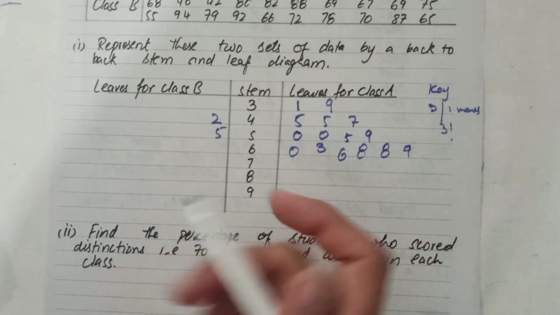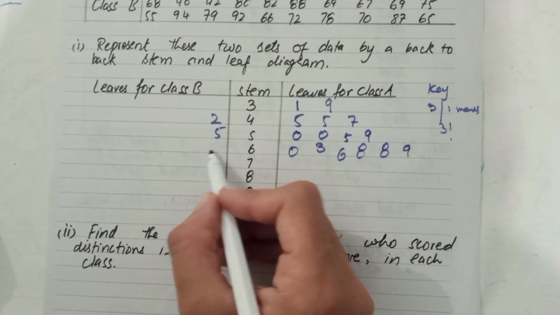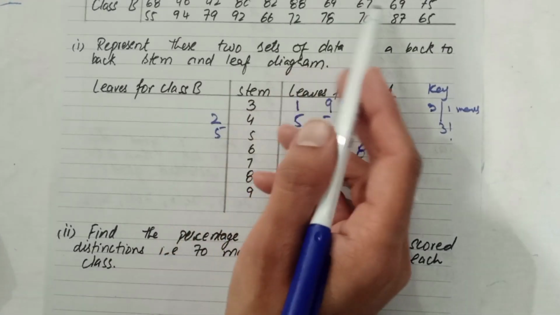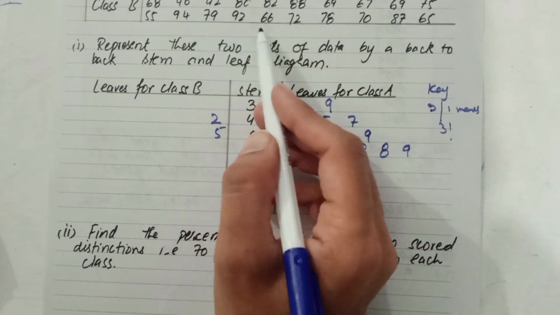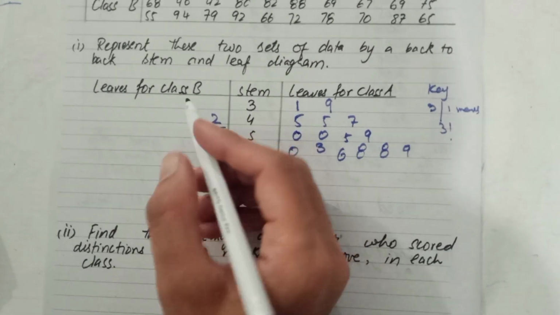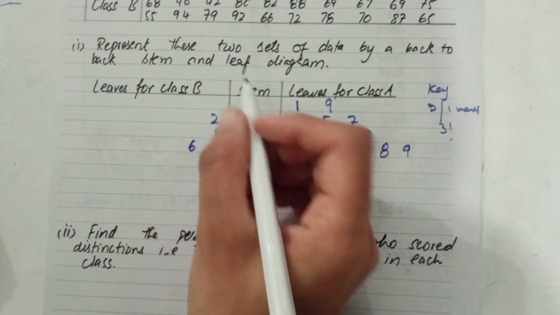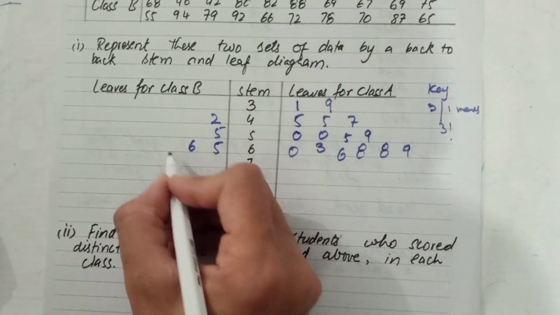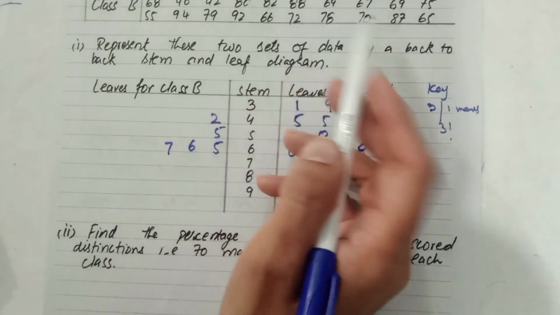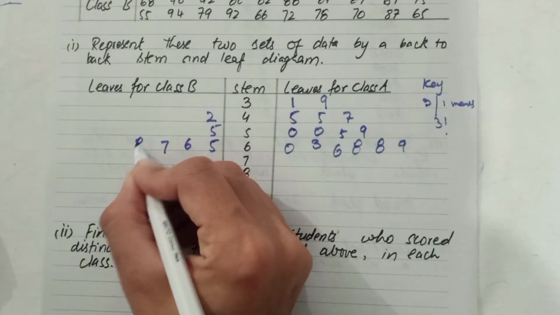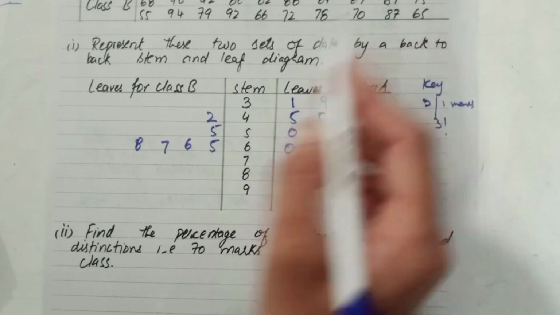Yes. And for class B, stem 6, there is only 1 5, 1 6, 1 7, next 8 and 9, 2 nines.